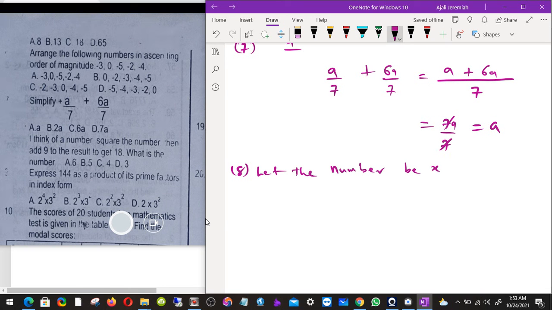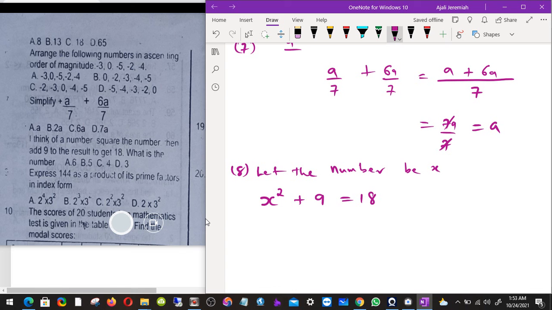So if you think of the number, call it x, square the number, so that's x squared, then add 9 to the result, we get 18. What is the number? So we're looking for x.